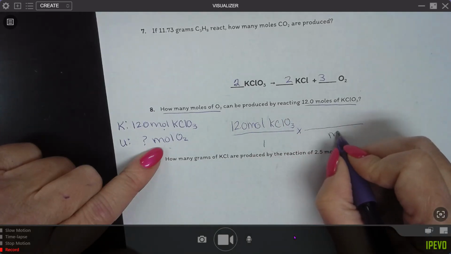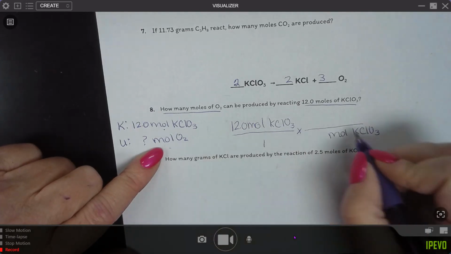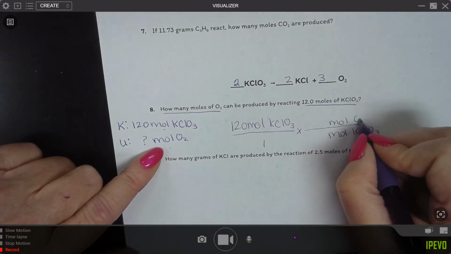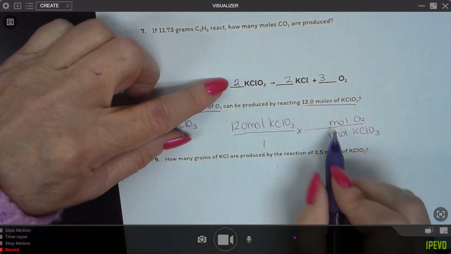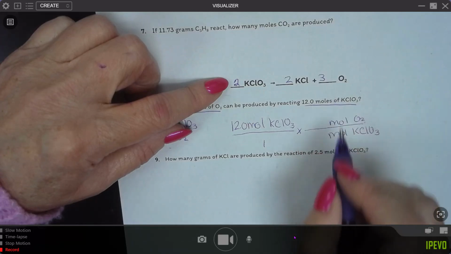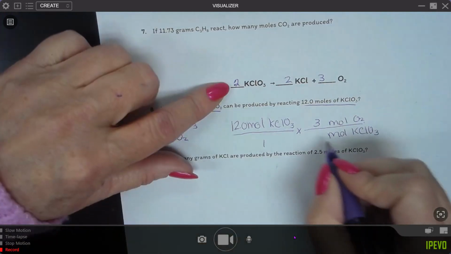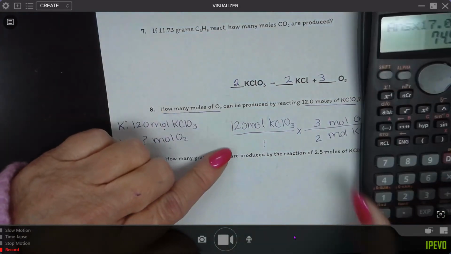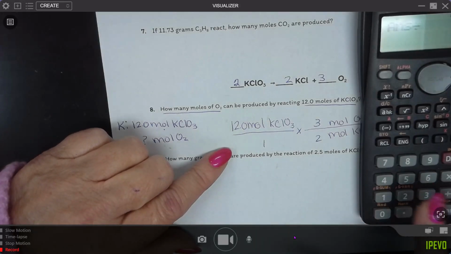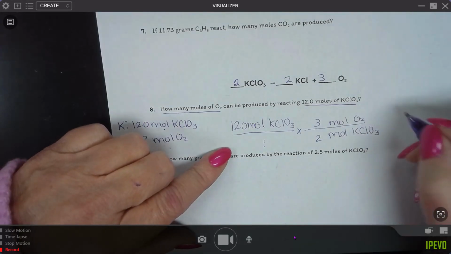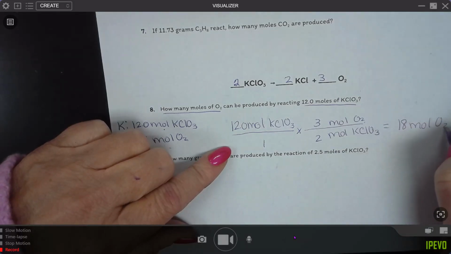So moles of KClO3 on the bottom. And then on the top, we're going to have moles of O2, what we're looking for. Okay, moles of unknown. So now I just need my coefficients from the balanced chemical equation. So oxygen is 3 and KClO3 is 2. All right, so I'm just going to do 12 times 3 divided by 2, and I get 18. So my answer is going to be 18 moles of oxygen.